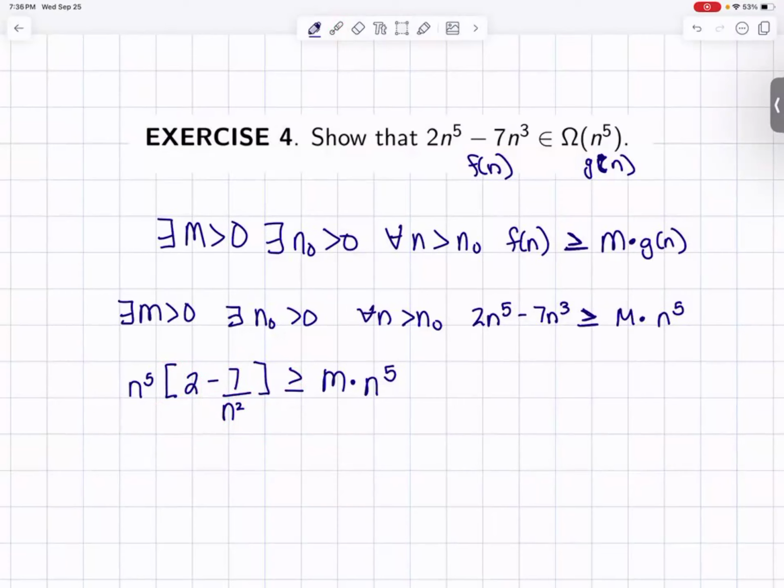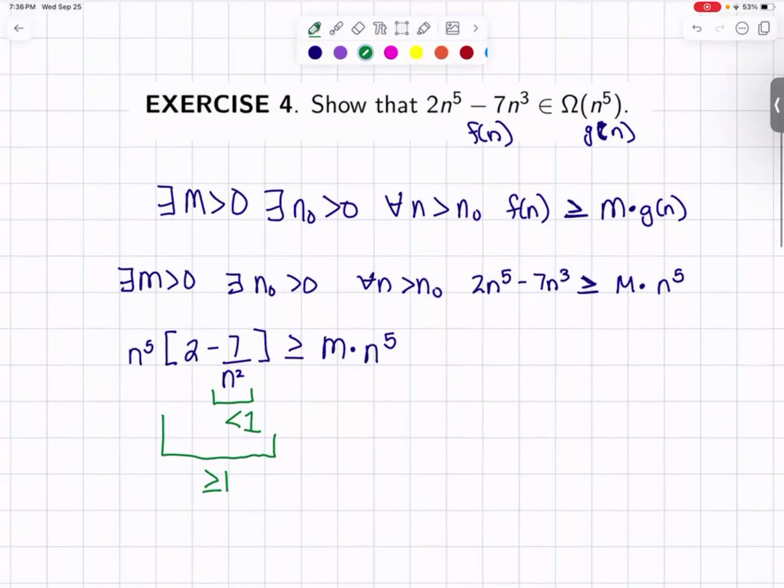So as we start to see that, we can kind of hear what we need to do. If we can find a way to get this value to be a little bit less than 1, we'll be able to show that this whole term here is greater than or equal to 1, which will allow us to make a new term in the middle where m will be equal to 1.